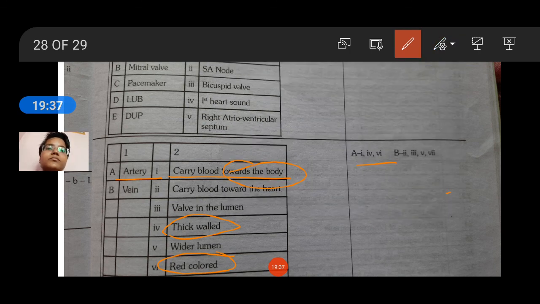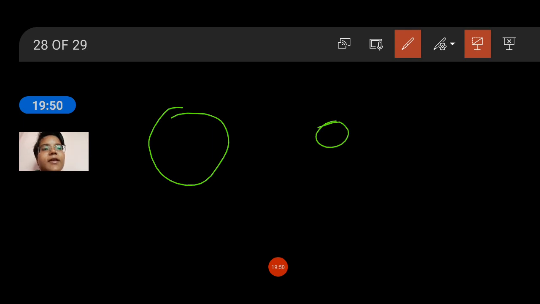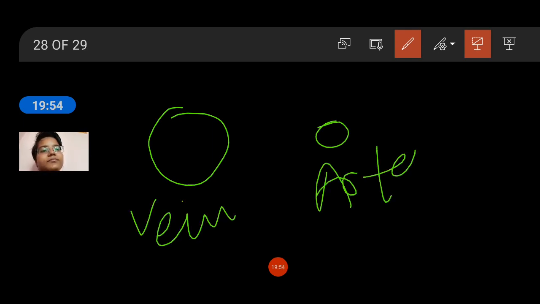Veins carry blood towards the heart, have valves in the lumen and a wider lumen. So this is vein and this is artery, because veins have a wider lumen.